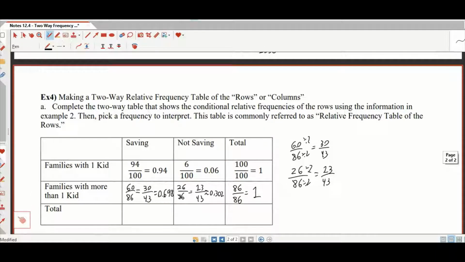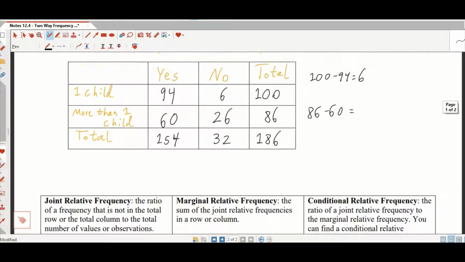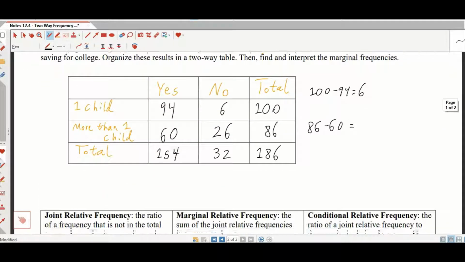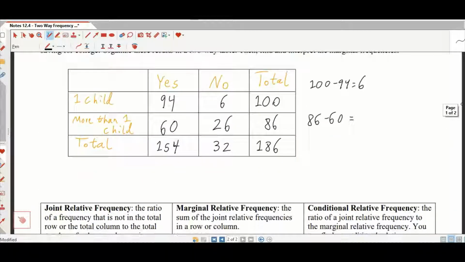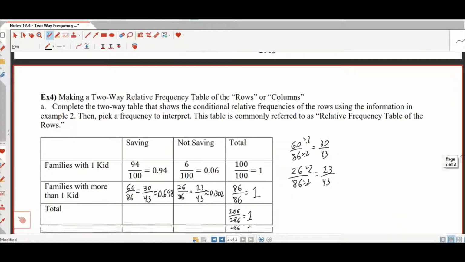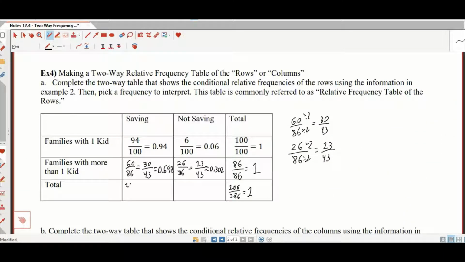And then your totals, remember, so of the savings, there was 154 saying they were saving, 32 that said no, and 186 total. So the total was 186 out of 186 are families that we spoke to. And there were 154 people who were saving. 154 out of the 186 people.